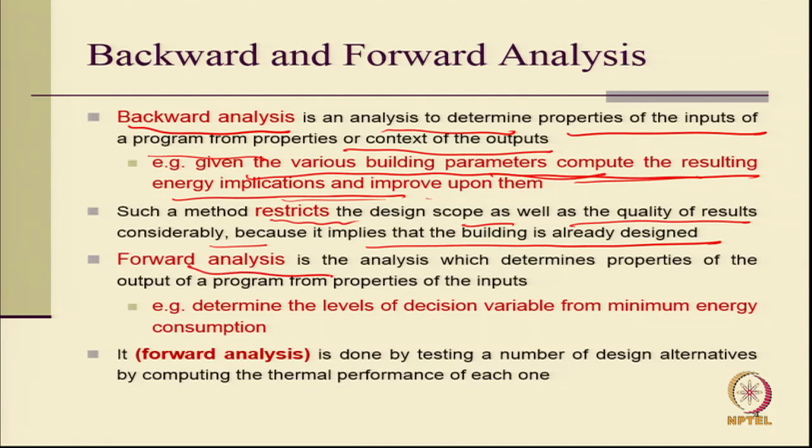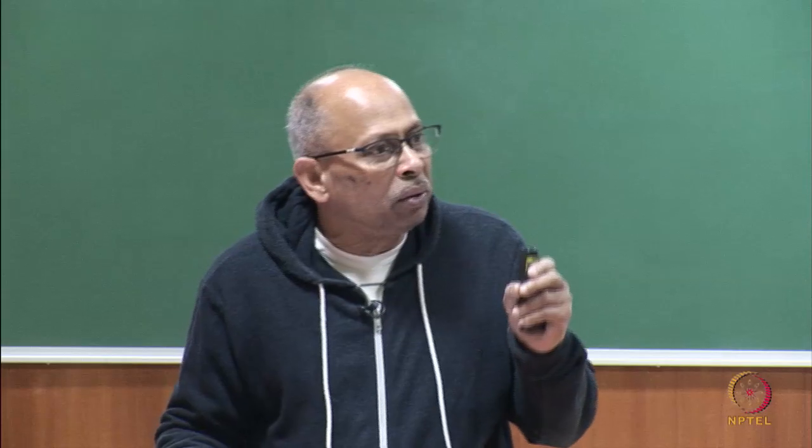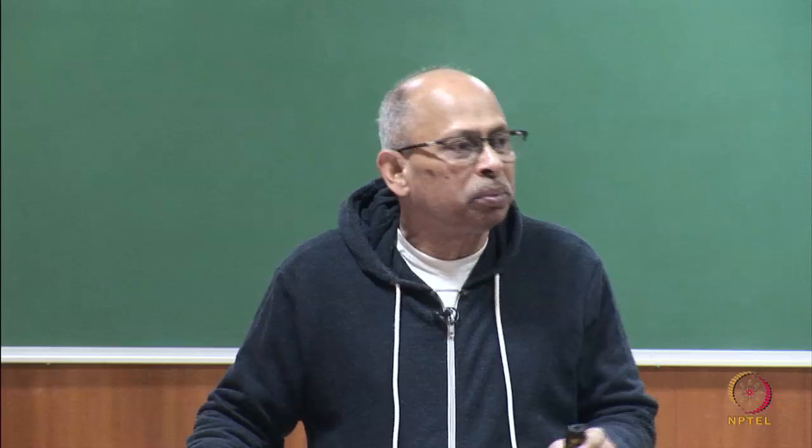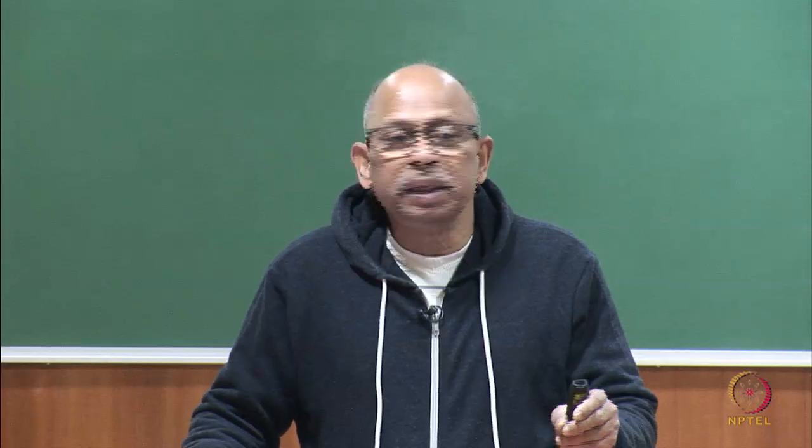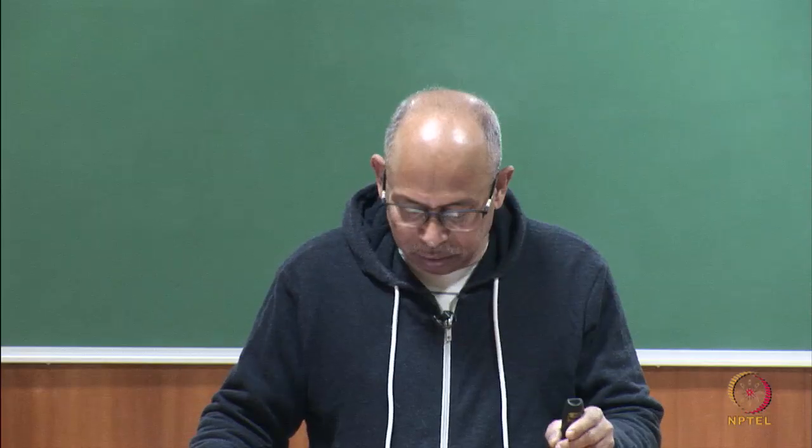Forward analysis determines the properties of the output of a program from properties of the input, in the sense that it determines the levels of decision variables, chooses the orientation for minimum energy consumption. That is why you need an optimization process, because first you have to optimize the energy consumption and correspondingly which set of orientation, shape is best, that you can choose.